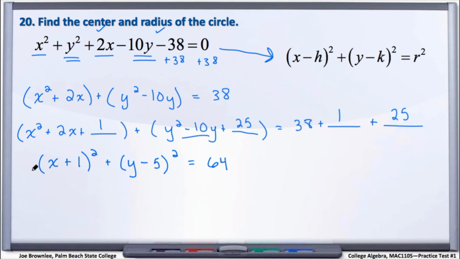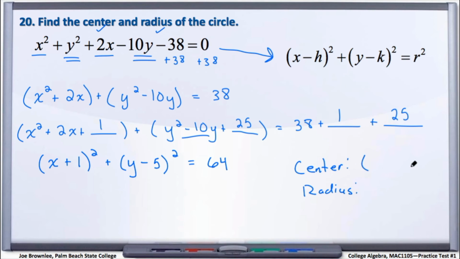And so now we have something that looks an awful lot like the center-radius form, which is exactly what we want, because we want to quickly be able to identify the center and the radius, which is what we are being asked to do.